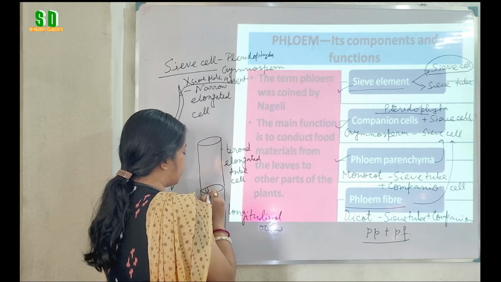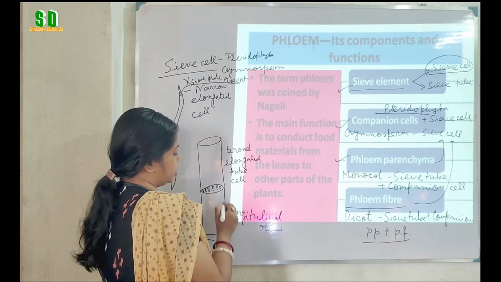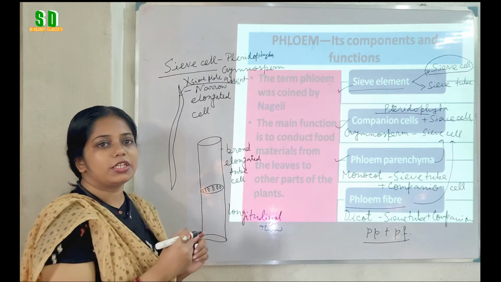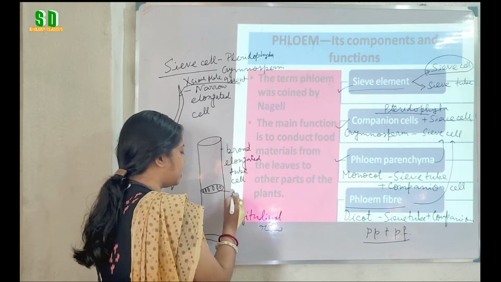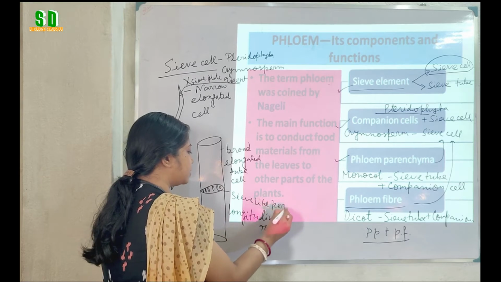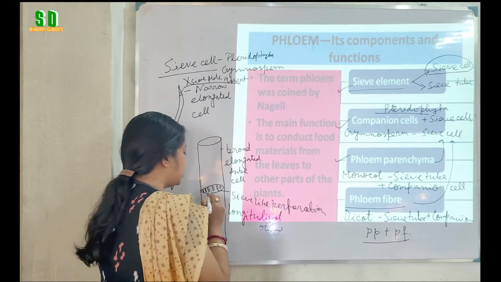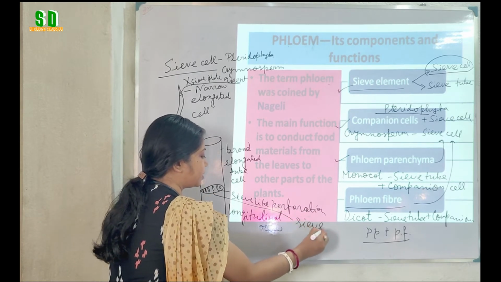And the end walls have many perforations, so sieve-like perforations are present in the end wall. Due to this sieve-like perforation, this end wall is called the sieve plate.